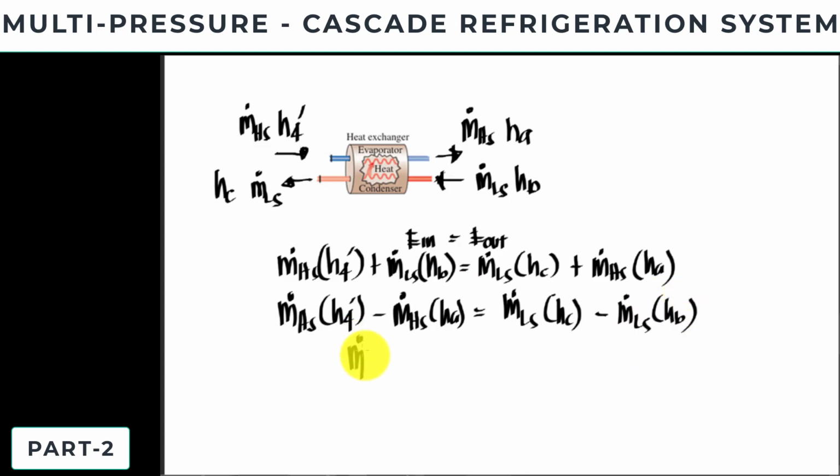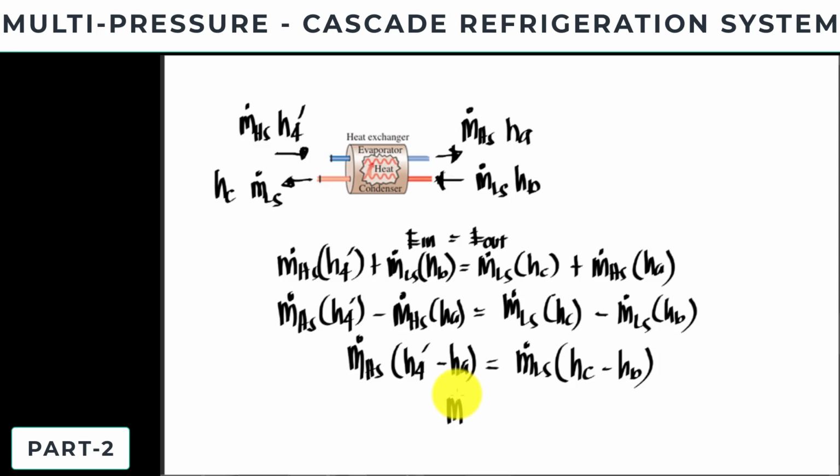So factoring, which is yung common high stage, so that would be enthalpy 4 prime minus my enthalpy A, which is equal to the mass flow rate at the low stage times change in enthalpy, no? Okay? Since given na ito, and this one is also given, di ba? And we're trying to find out yung mass flow rate at the high stage.